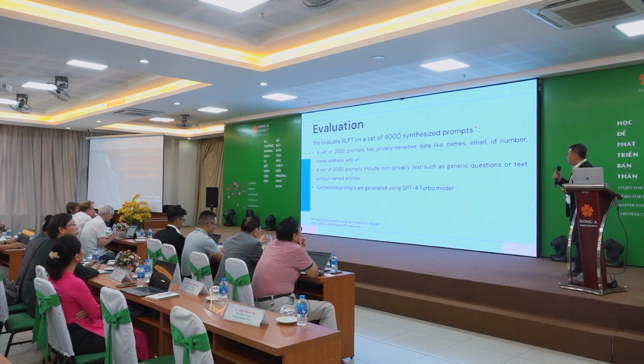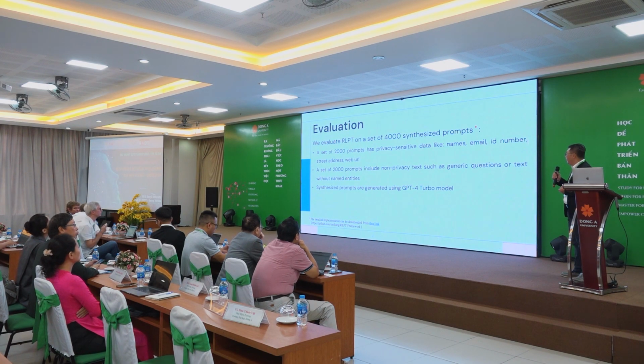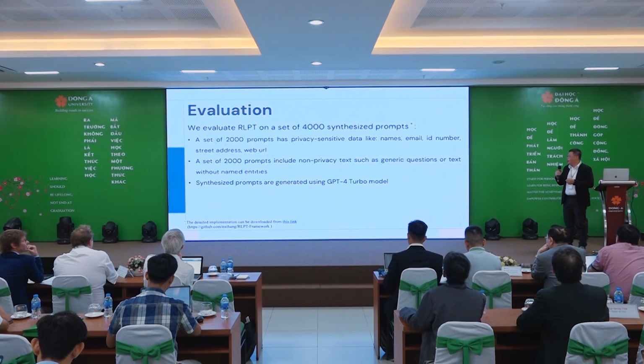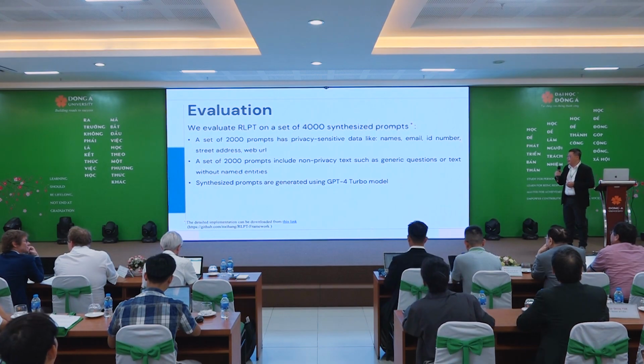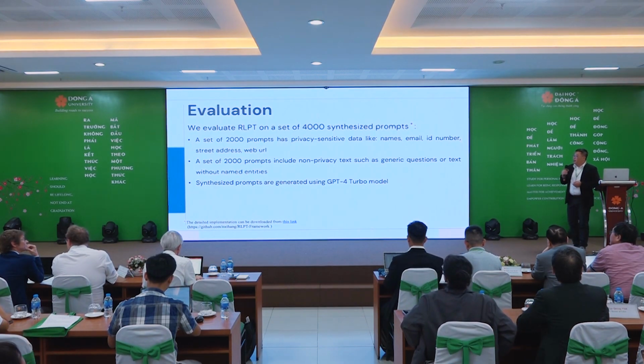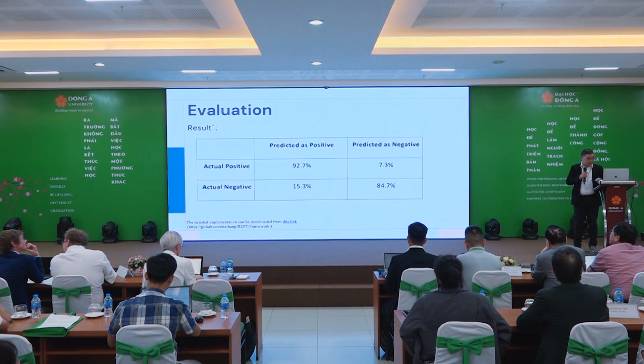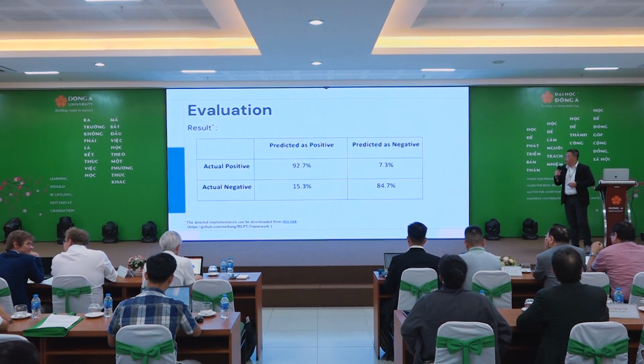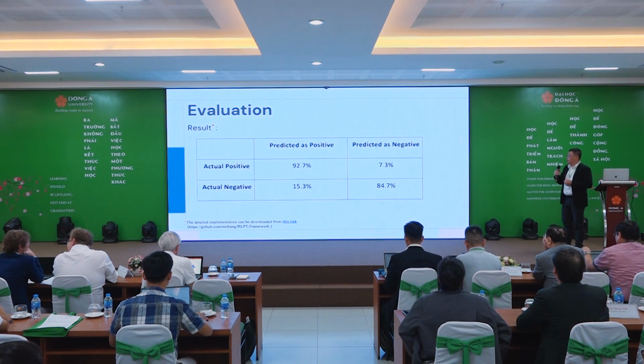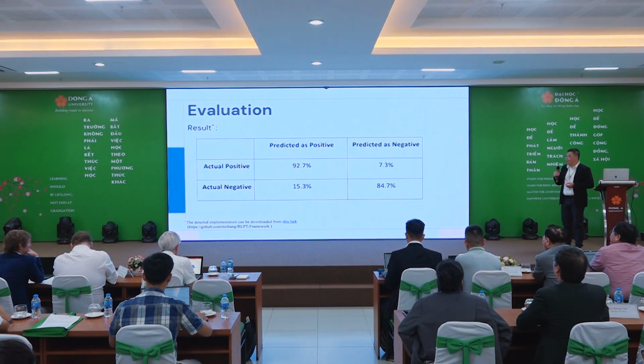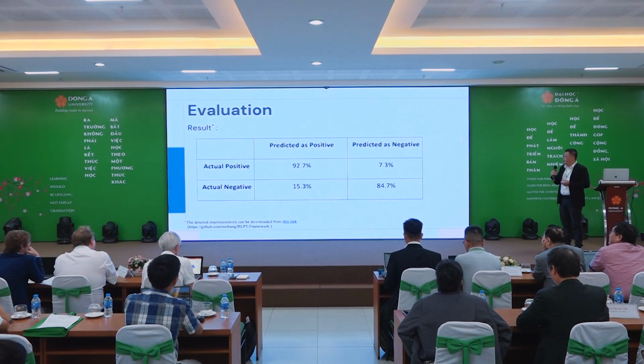And we have another 2,000 synthetic forms that include non-private text, generic questions, or general text without any named entities. With this test, our framework has the following classification result. And as you can see, the confusion matrix here.